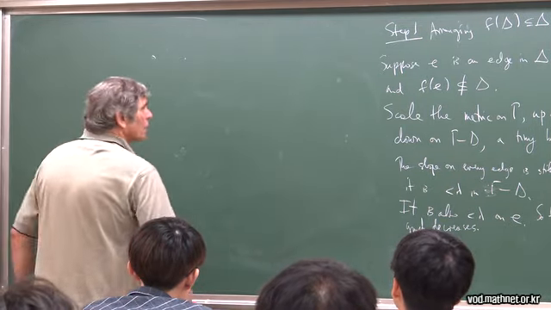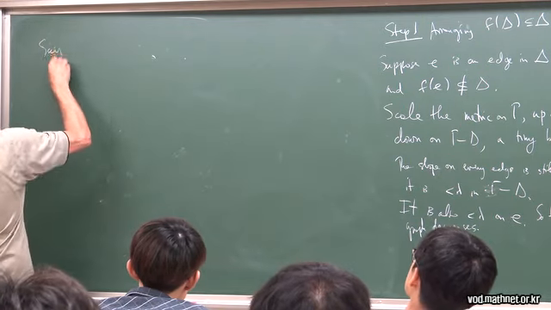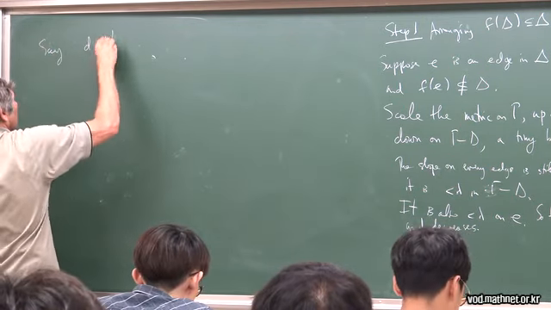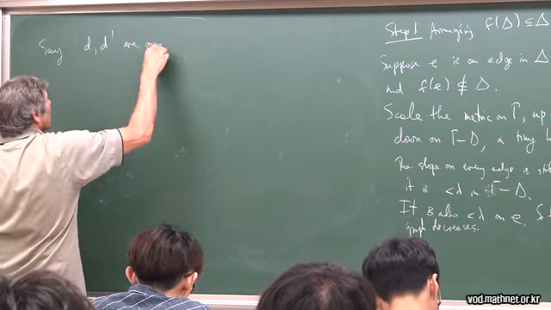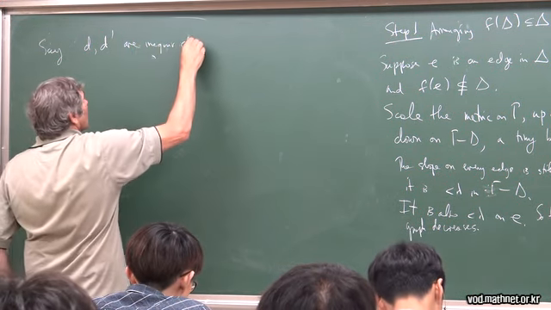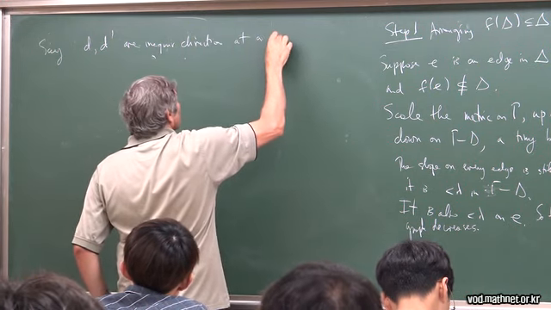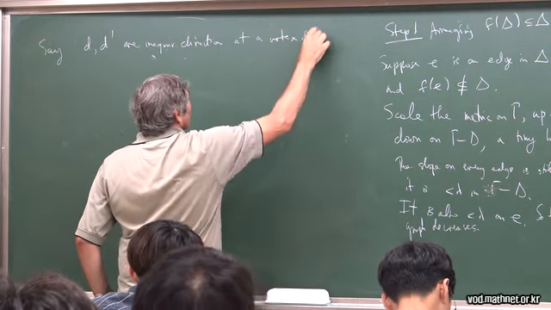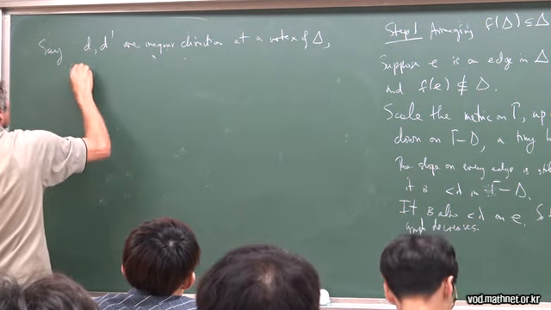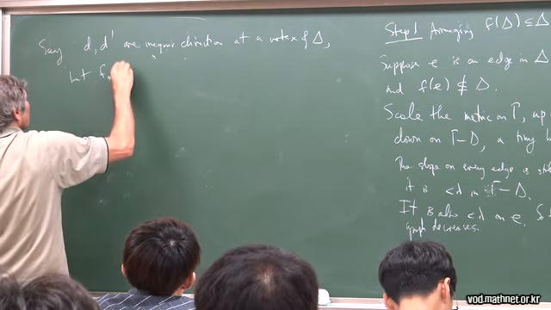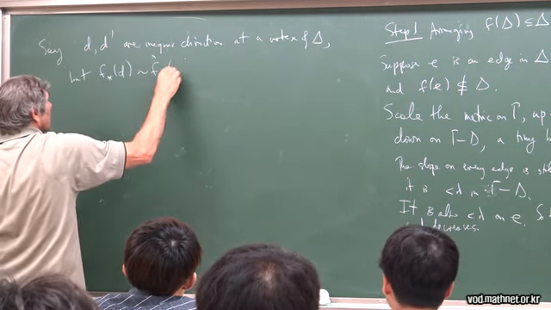So say D and D prime are inequivalent directions at a vertex of delta, but f star D is equivalent to f star of D prime.